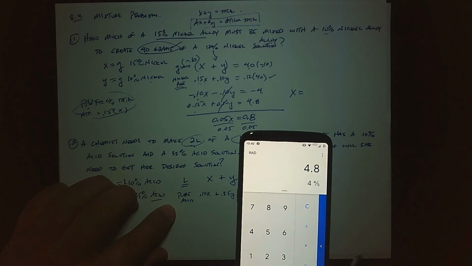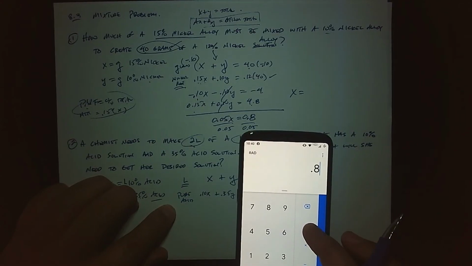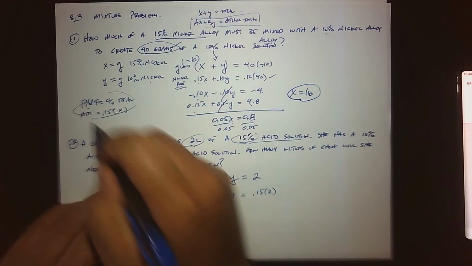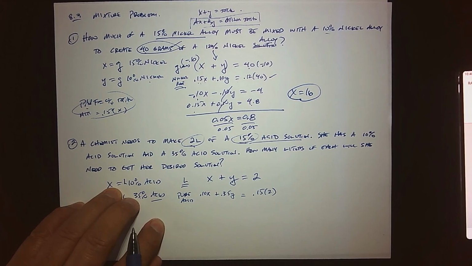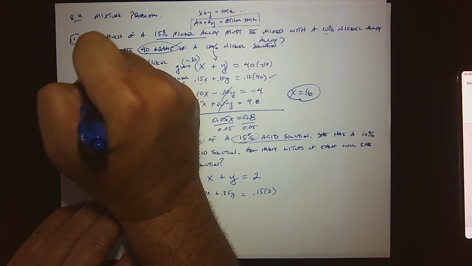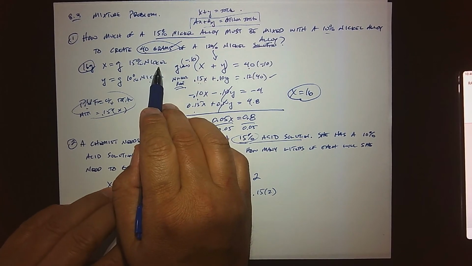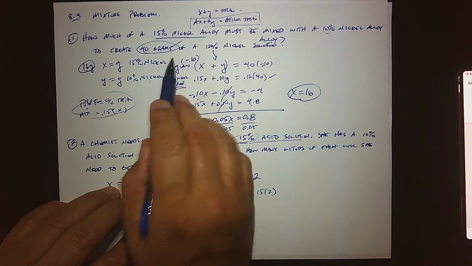You guys have earned that, being our last week and all. 0.8 divided by 0.05, so it looks like 16. For this problem, x was the amount of 15%, so we need 16 grams of the 15% nickel solution to create the alloy that we want.